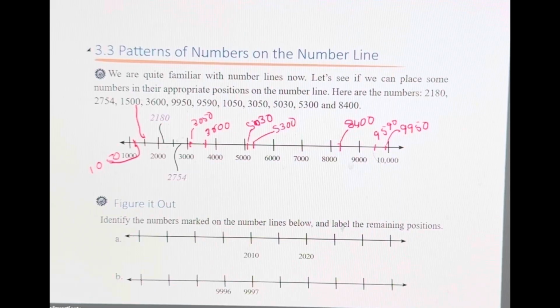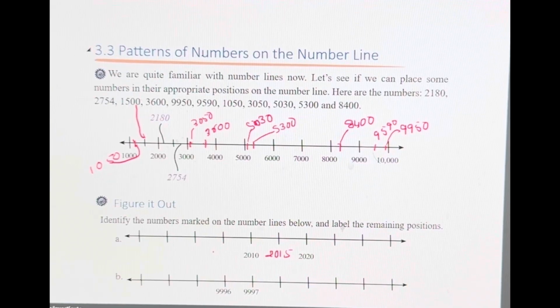Now there is a figure it out exercise which is based on the same number line concept. They have marked 2 points, and based on that you have to identify and mark the remaining points. If you see here, this is 210, this is 220. So exactly in the middle will be 2015. Now based on that you can just reduce. There is a 5 difference.